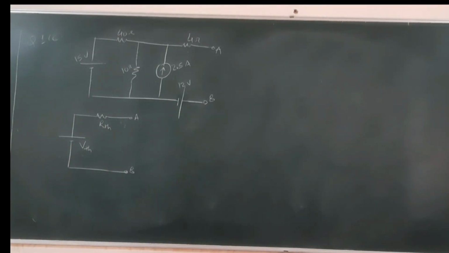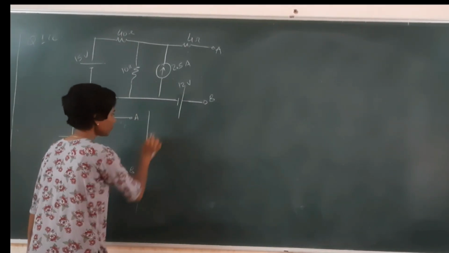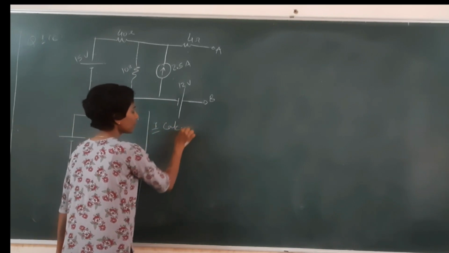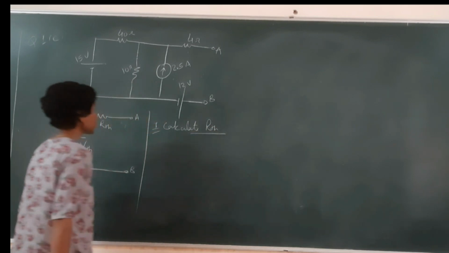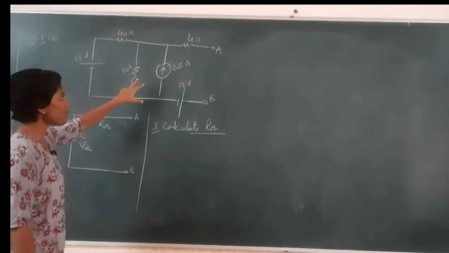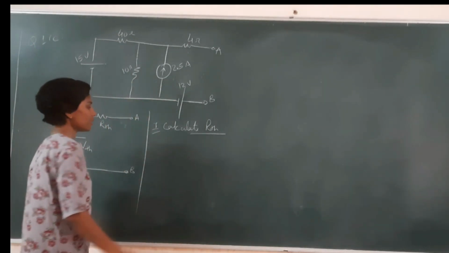In the first step, calculate RTH, the Thevenin's resistance. For this we have to find the Thevenin's equivalent resistance, that means we have to replace all the active sources with their internal resistance.